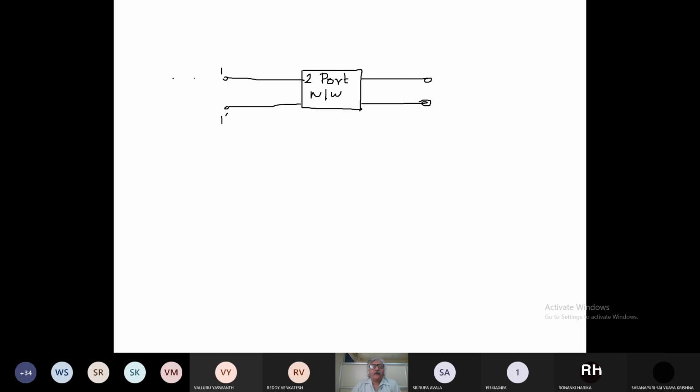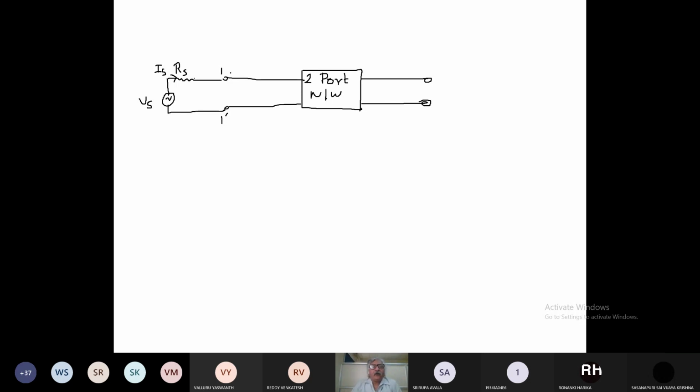Here we have connected a voltage source, Vs, with source resistance Rs. Through this, a current will flow, and we name it Is.